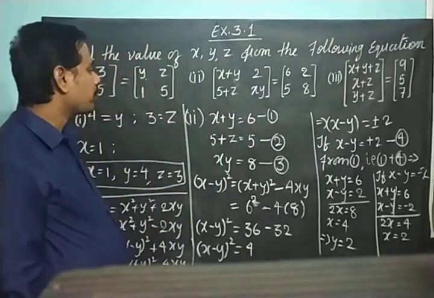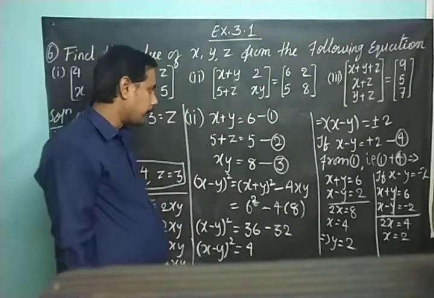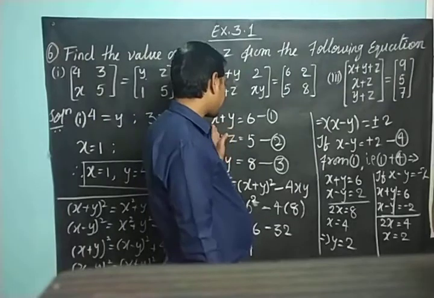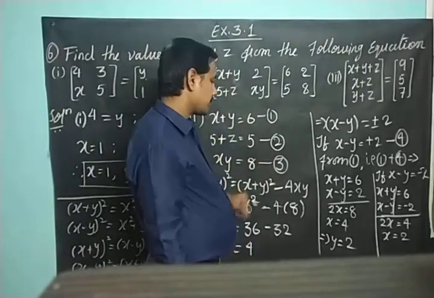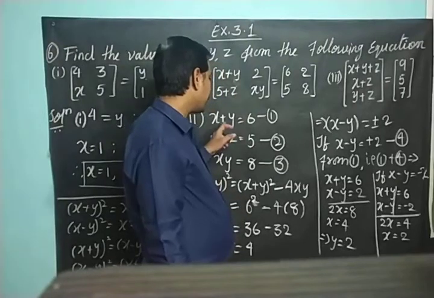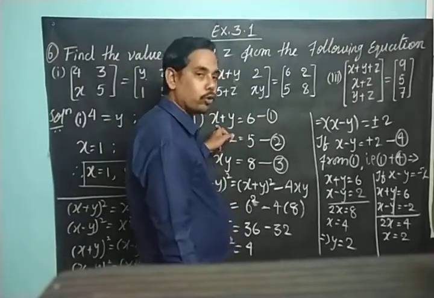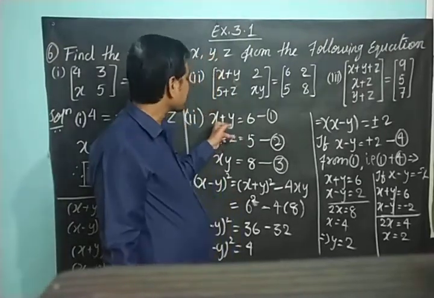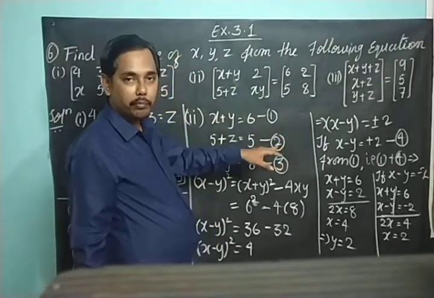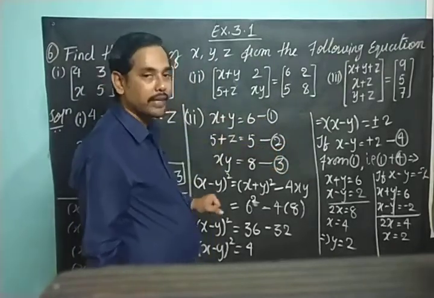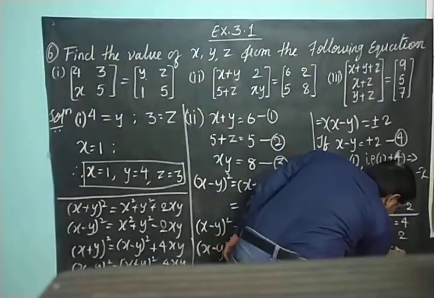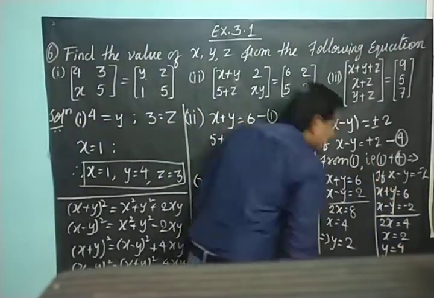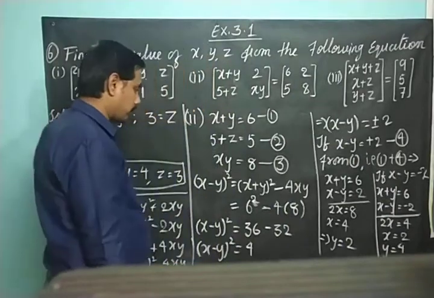If x is equal to 2, what will be the value of y? If I substitute x as equal to 2 here, I will get 2 plus y is equal to 6. 2 shifted to the other side becomes minus 2. So y will be equal to 6 minus 2, that is 4. Right? Y is equal to 4.